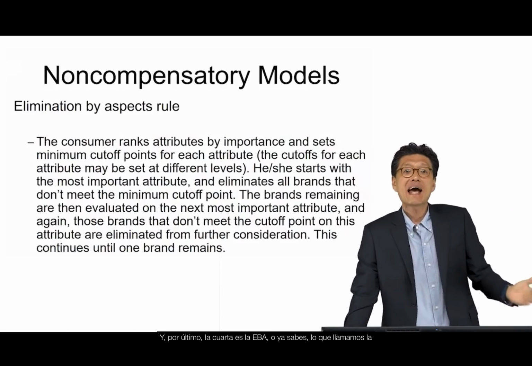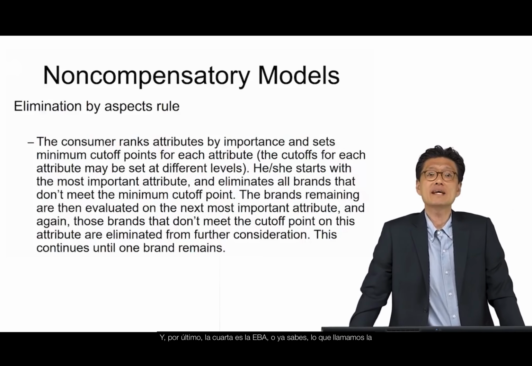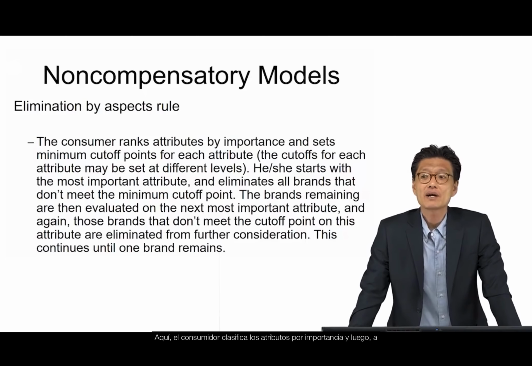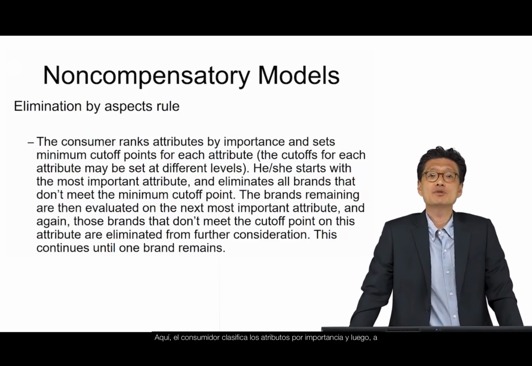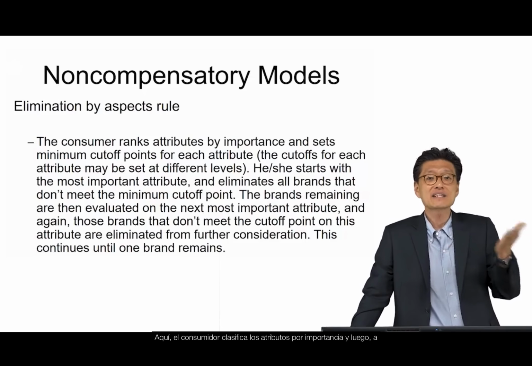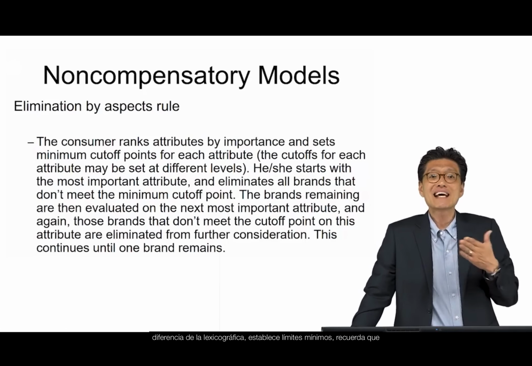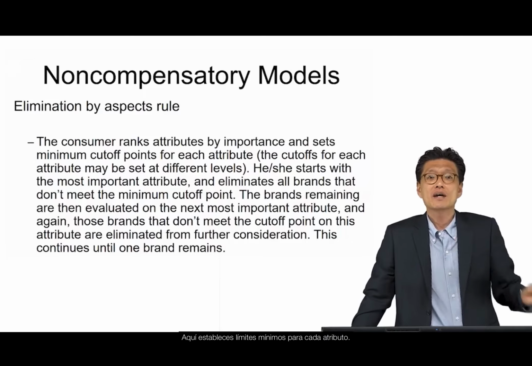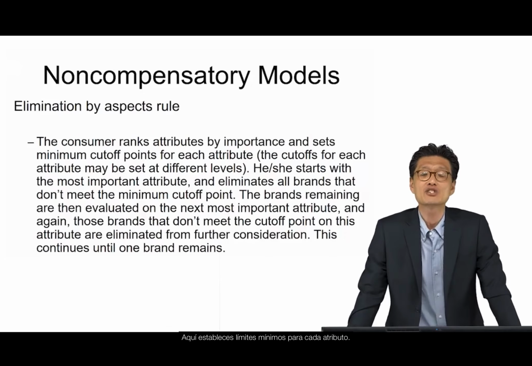And then last, the fourth one is the EBA, or what we call the elimination by aspect rule. Here, the consumer ranks the attributes by importance, and then, unlike the lexicographic, sets minimum cutoffs. Remember, in the lexicographic, you do not set minimum cutoffs for the attributes. Here, you set minimum cutoffs for each attribute.